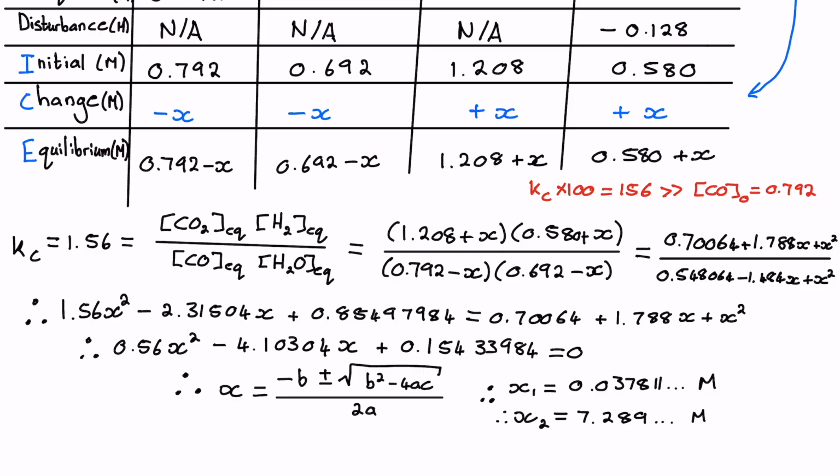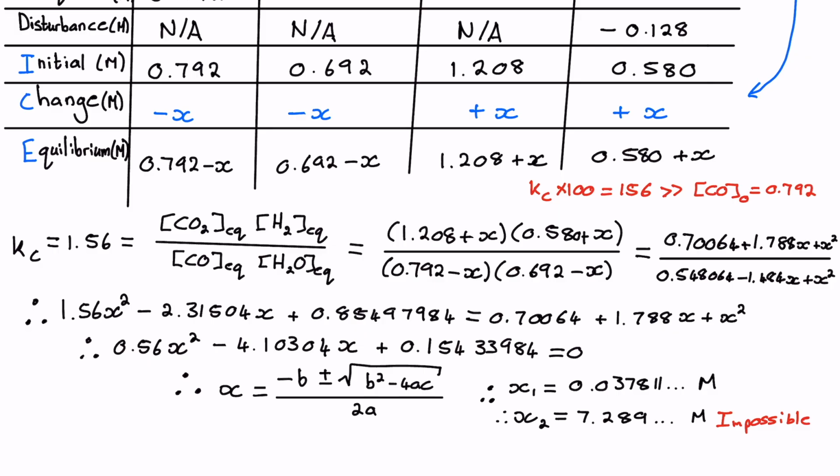Alright, now we must evaluate these values. So x2 is clearly impossible. And why is it impossible? Well, if you look at either of the equilibrium concentrations that we calculate here, you would see we end up with negative concentrations.